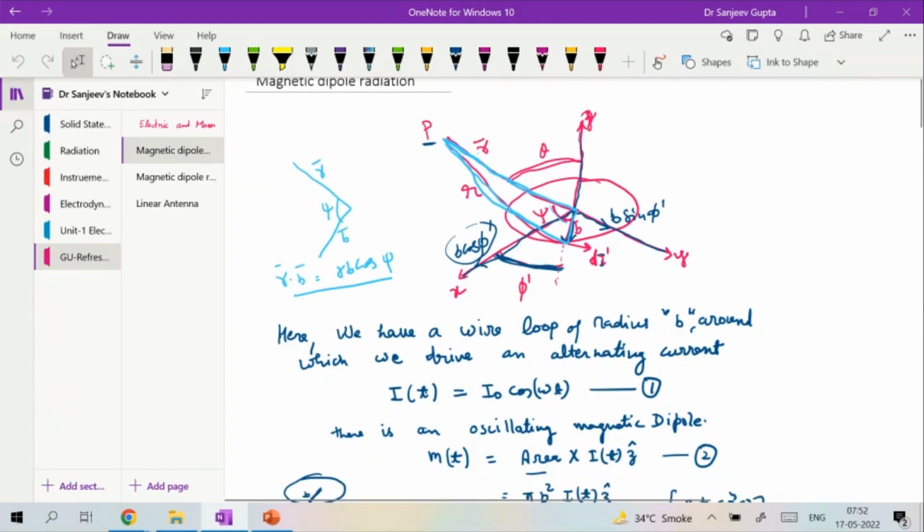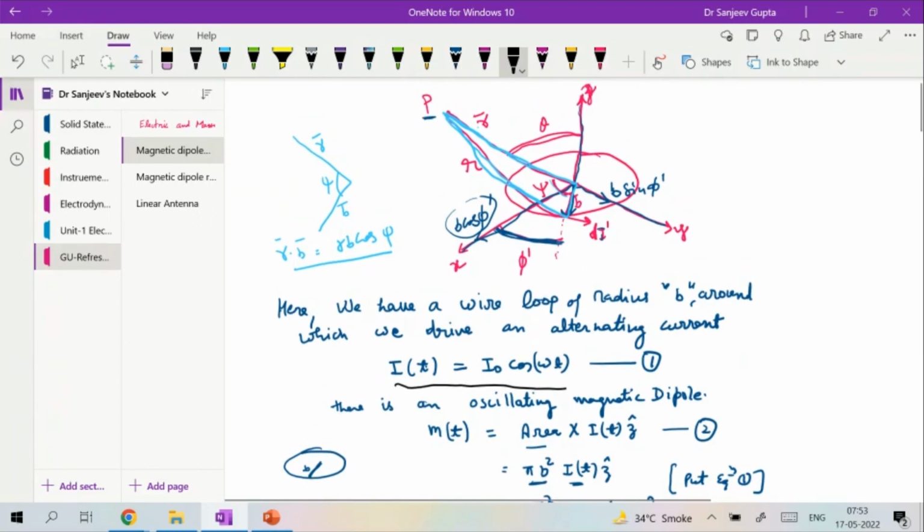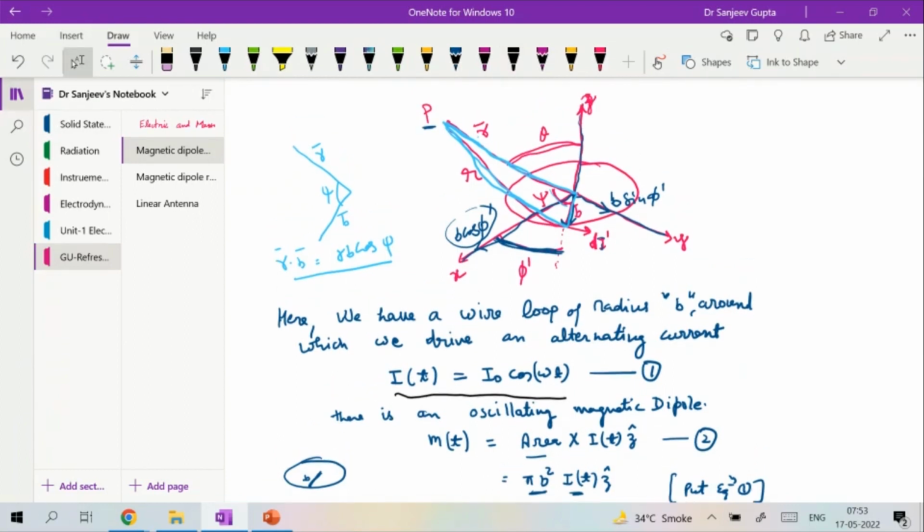You can see that the current I(t) is equal to I0 cos omega t. I have taken this because it is an oscillating current, and I'm going to describe the figure very shortly. You can see this is a loop, this is the z axis, and this is the y axis.